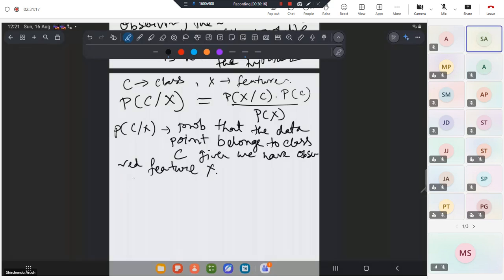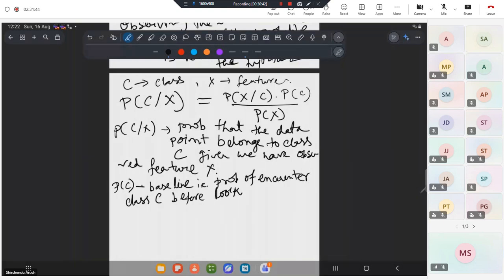P of C means, as I told, the baseline: the probability of encountering class C before looking at any current data points.